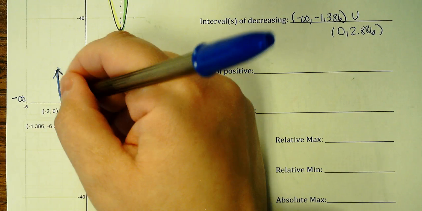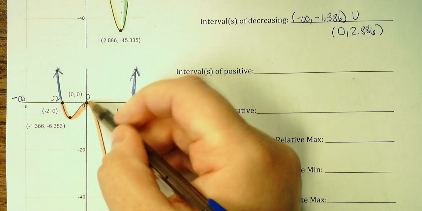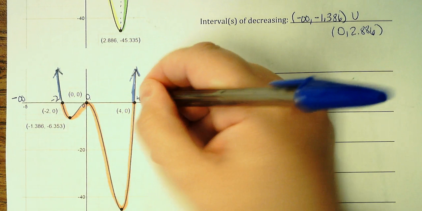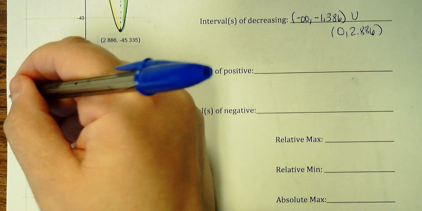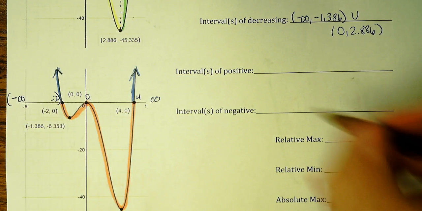So this is switching at -2. I know this is going to be weird, but we're going to have a separate interval here, 0 and 4. So the first interval I have from negative infinity to -2, that's above the x-axis, so that's going to be positive.